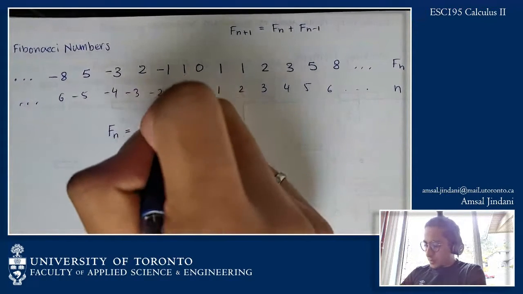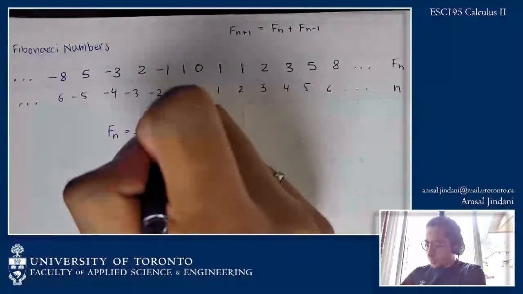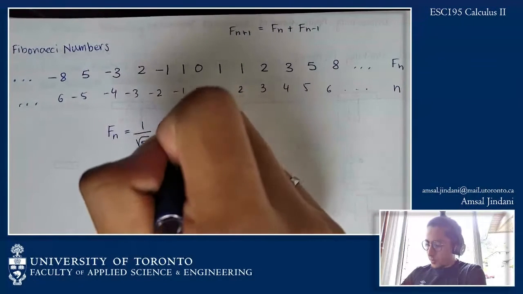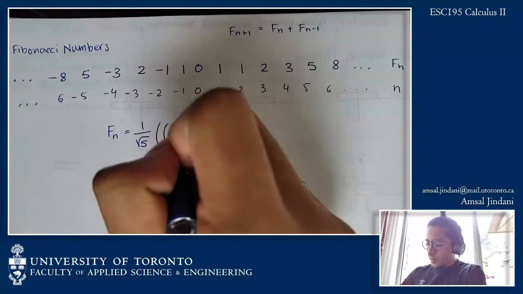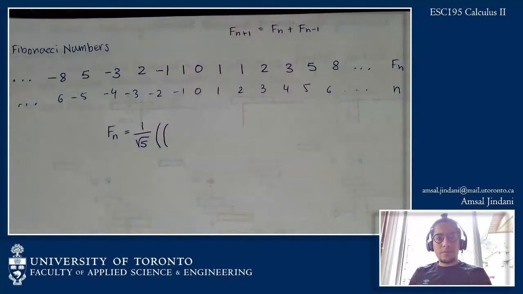It is actually called the Binet formula. So it's 1 over root 5, and let me just make sure I copy this off right.